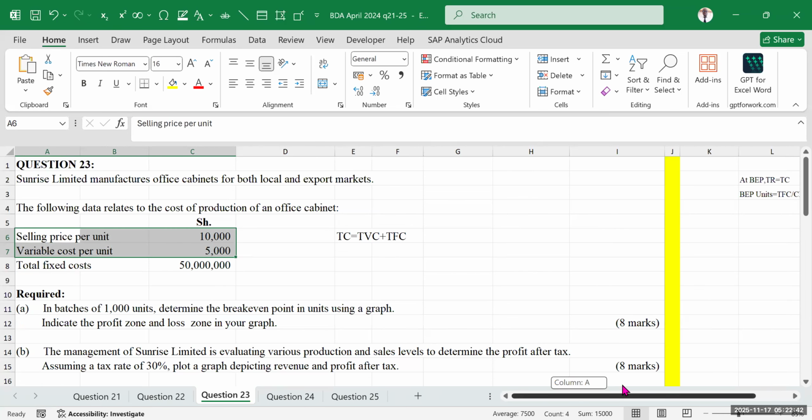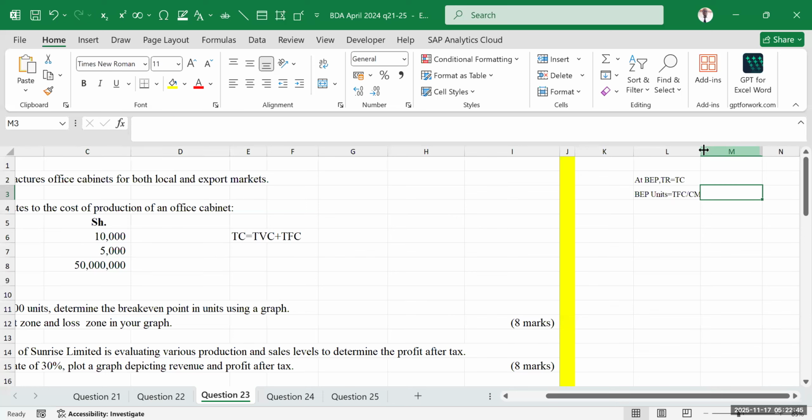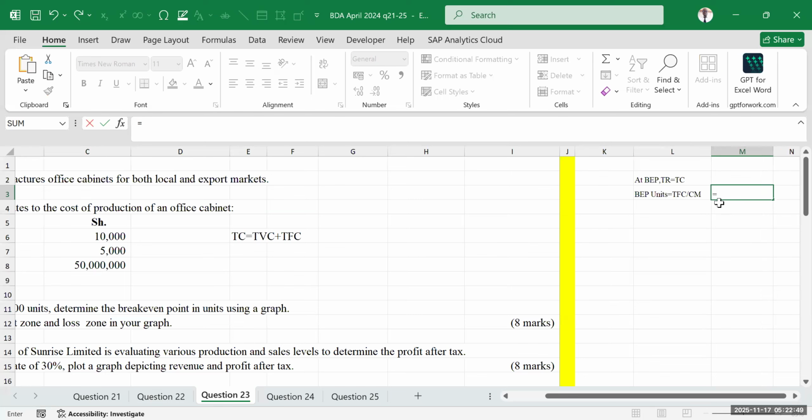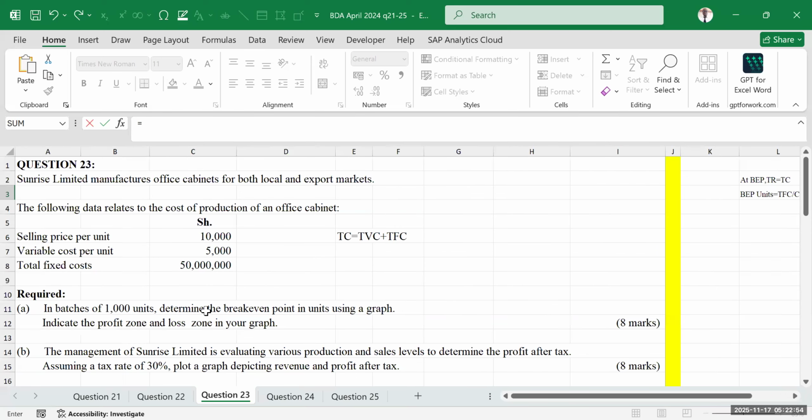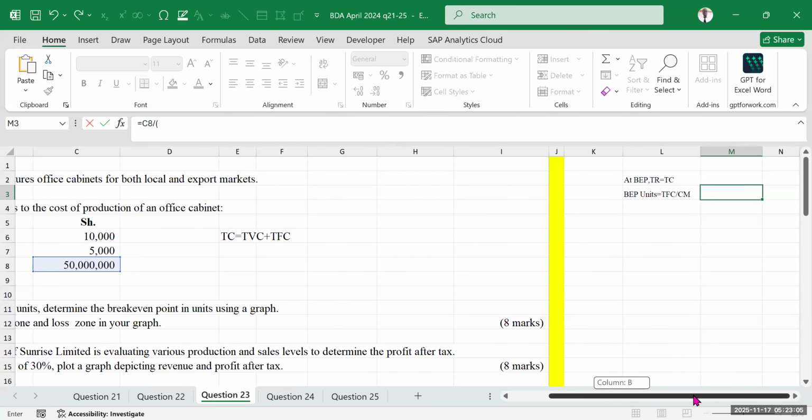Now, because we have information given in per unit form here, I would want us to go with the per unit. So why don't we go ahead and get the break-even point in units? I put an equal sign, start with the total fixed costs, which is the numerator there, and we have it in the information. So I refer to the 50 million. Divide that by, I open a bracket, compute our contribution margin, and we are picking the selling price per unit.